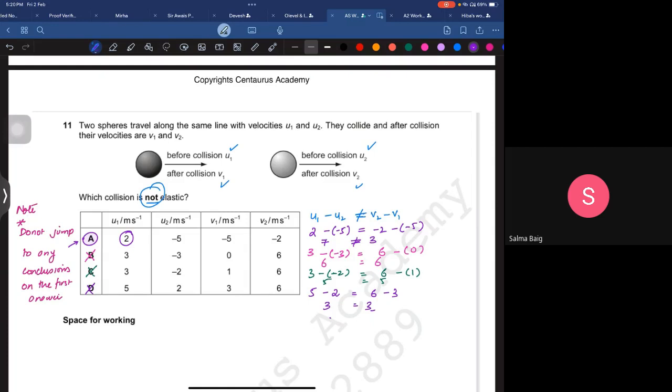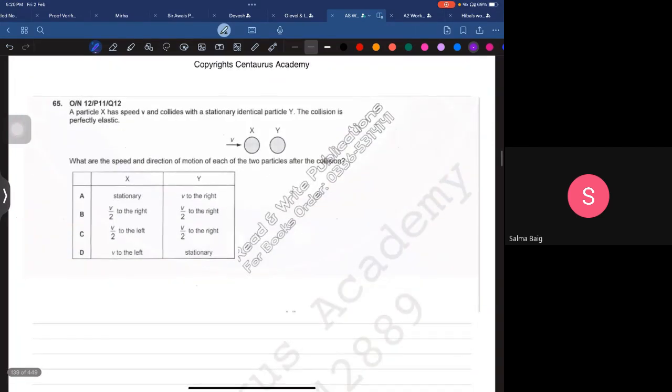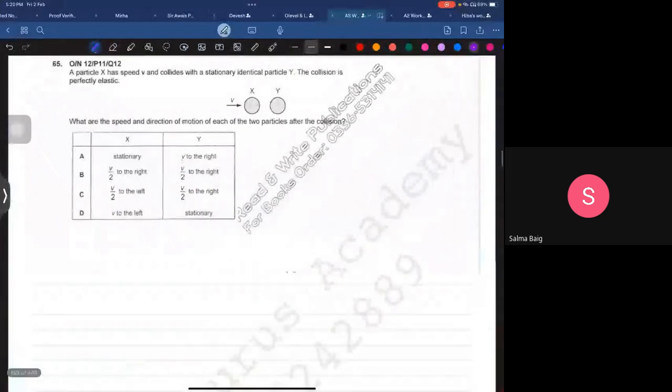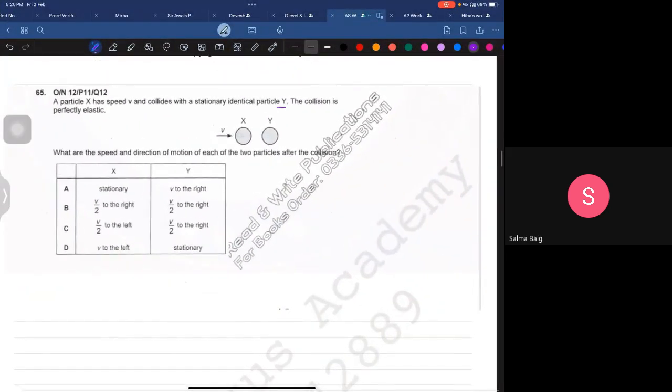Now check the next one. The next thing we're going to talk about is this question. It seems like a standard question, but they have no mass given, and they're saying the particle has a speed v and it collides with the stationary particle y. So obviously the collision is perfectly elastic. Right now you should understand u1 is v and u2 is 0, because it was stationary, right?